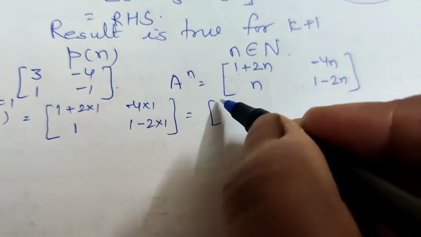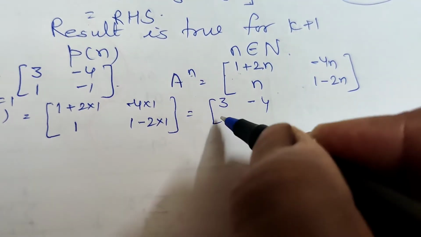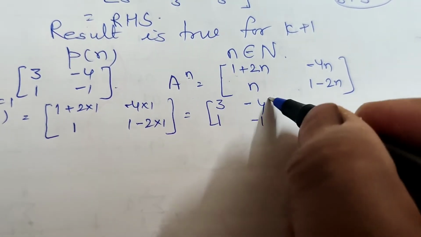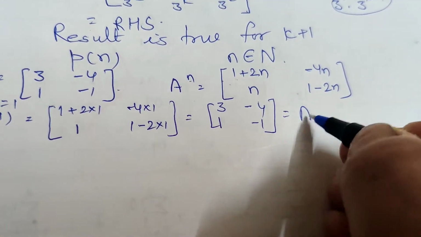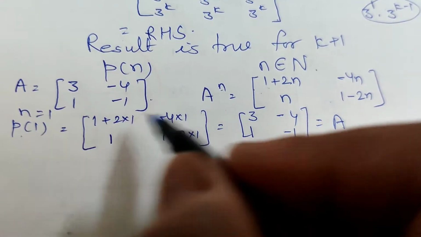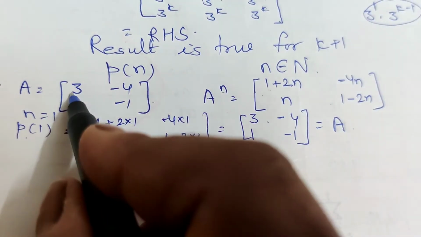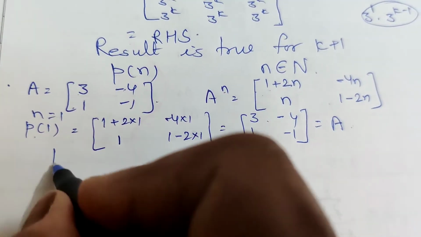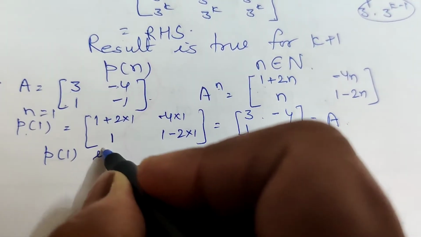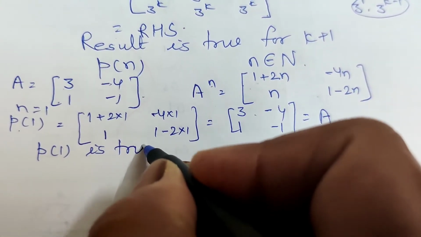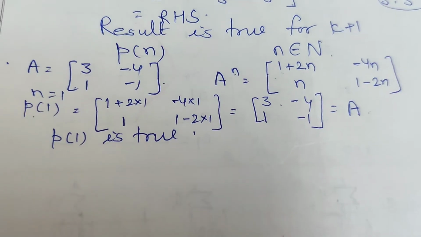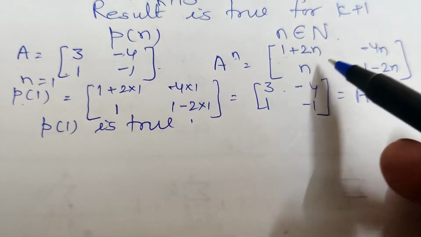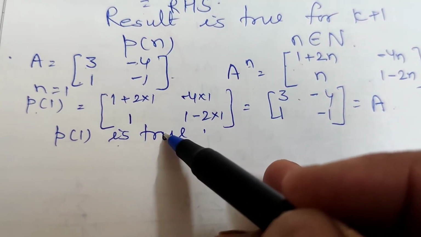This will equal 3, 1, minus 4, minus 1. It means this is equal to A. This is the A matrix equal to A. It means P1 is true. P1 is true means this series is true for n equal to 1.